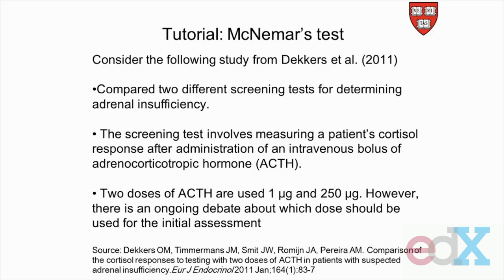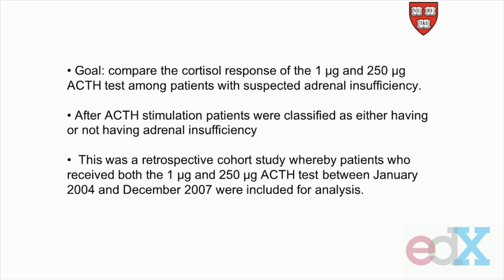Two doses of ACTH are used, 1 microgram and 250 micrograms, but there is a debate as to which dose should be used for the initial assessment. So the goal of this study was to compare the cortisol response of the 1 microgram and 250 microgram ACTH test among patients with suspected adrenal insufficiency.